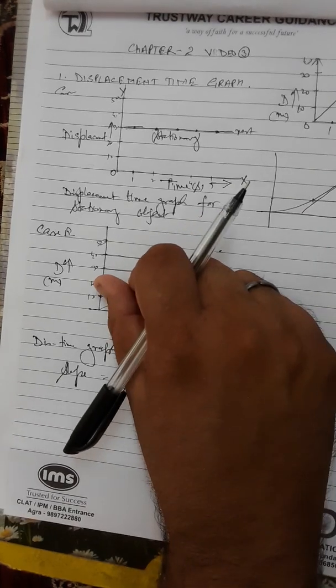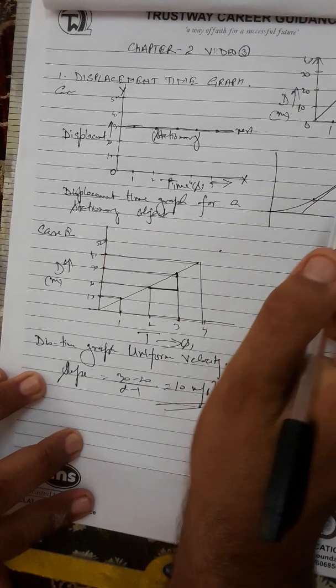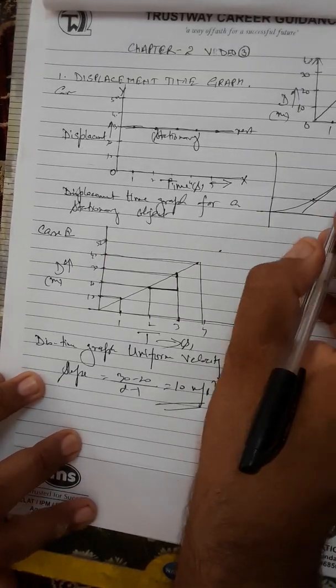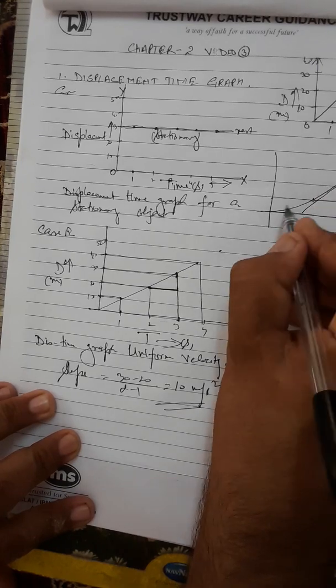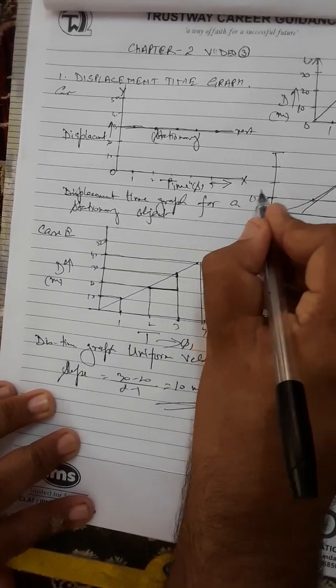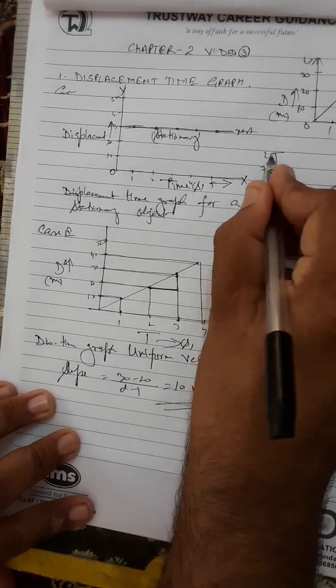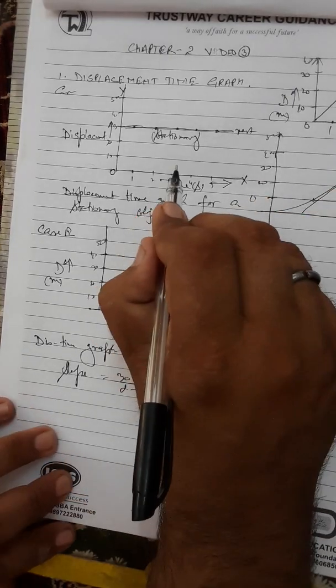The slope is not uniform. In this we can see from B to C how much. As for example, this is 10, 20, 30, 40, or up to 50 meter we can take.